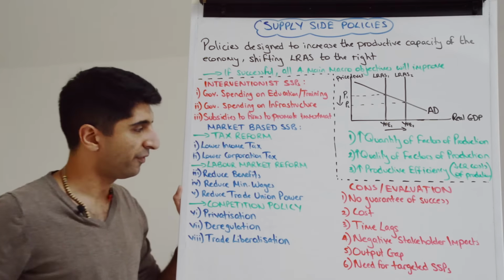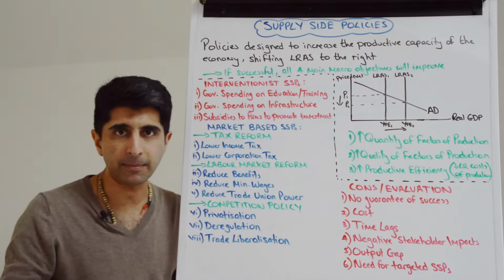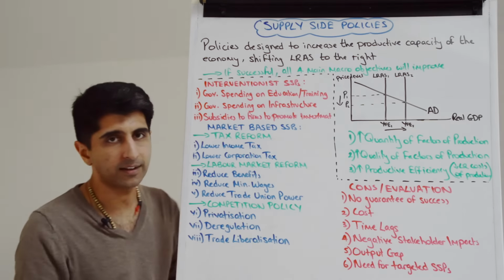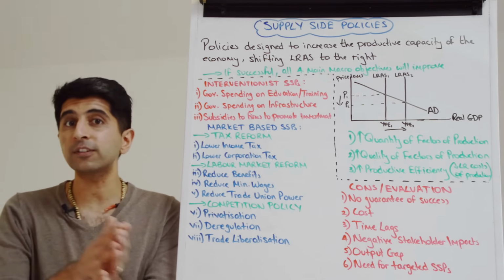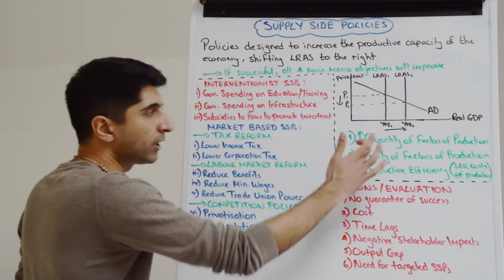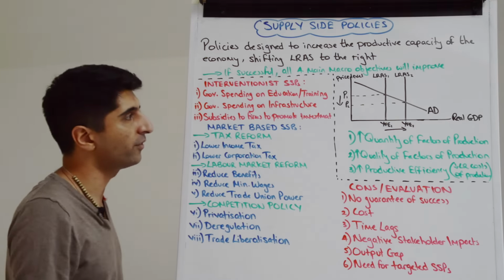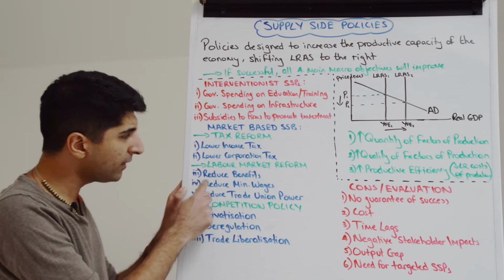What about labour market reform? Well, there could be a reduction in benefits, in welfare payments, welfare benefits. And if that occurs, there is a very strong incentive for the economically inactive, those outside the labour force, to enter the labour force in order to find work. That will increase the quantity of labour, the size of the workforce, the size of the labour force, and boost LRAS. And then we can look at these two together.